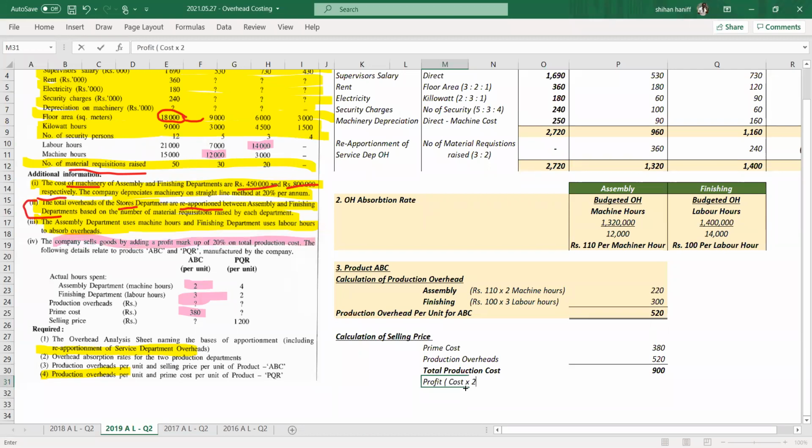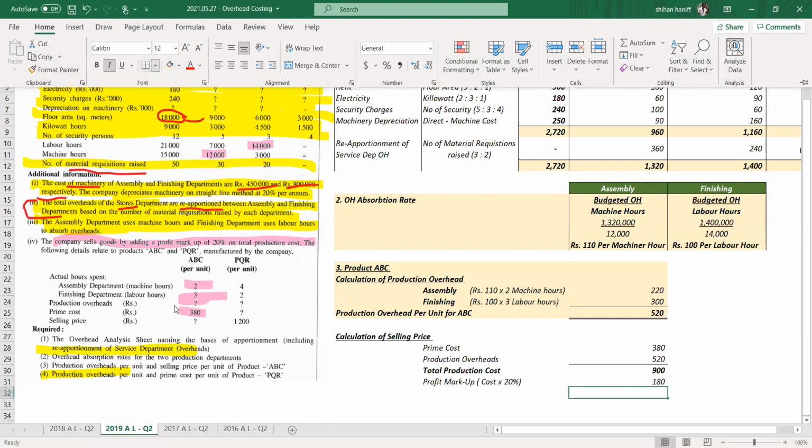Cost into 20%, markup. If it is margin, the situation is different. 900 into 20% is 180.